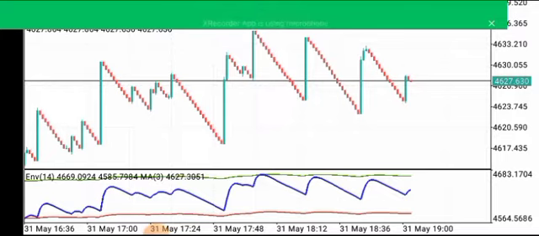So I'm going to show you today the strategy and how you can trade against spikes and where you can place your entry and be on the safe side.